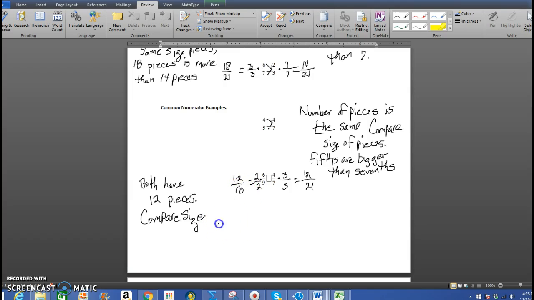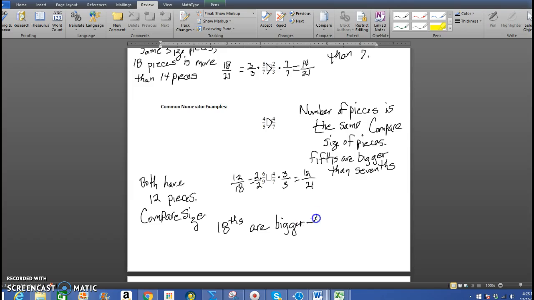Okay, so I'm going to kind of try to shorthand this. 18ths, rather than write that out with letters, are bigger than the 21sts. So that makes 6/9 bigger than 4/7.